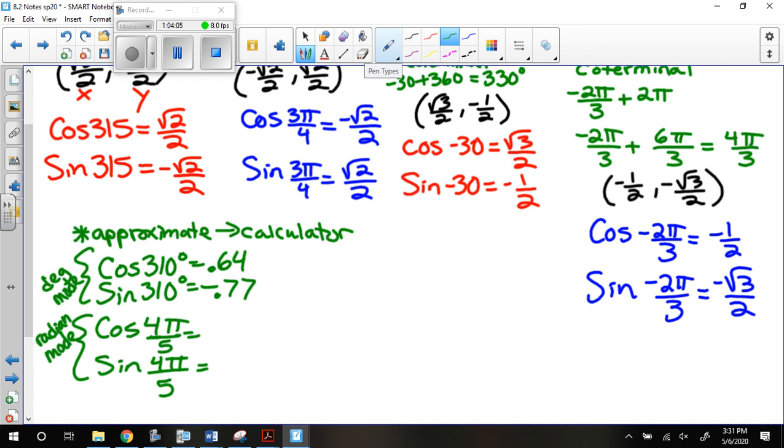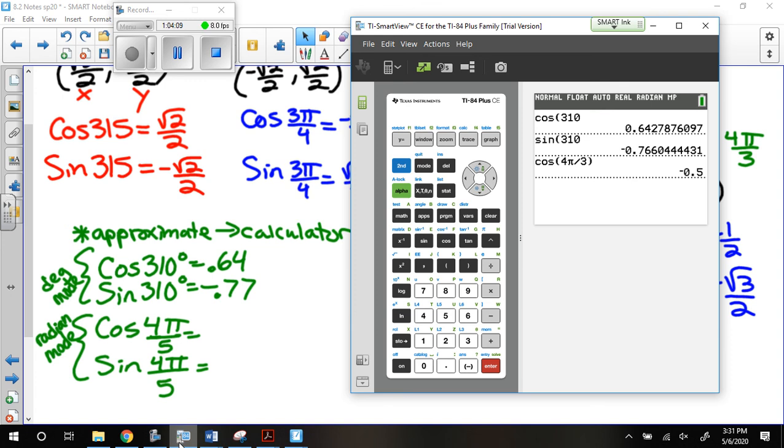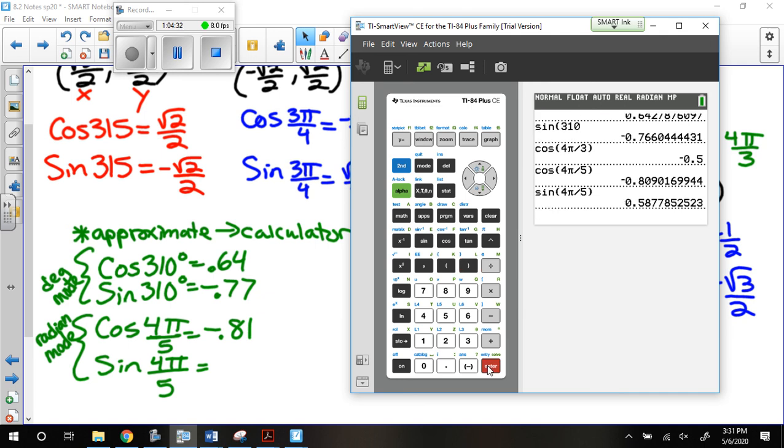I'll make an adjustment, because I believe I said 4 pi over 5. I just didn't write it. So let me get my same entry here, just change that to a 5. And we've got negative 0.81. And then if I do sine of 4 pi over 5, I get 0.59-ish.